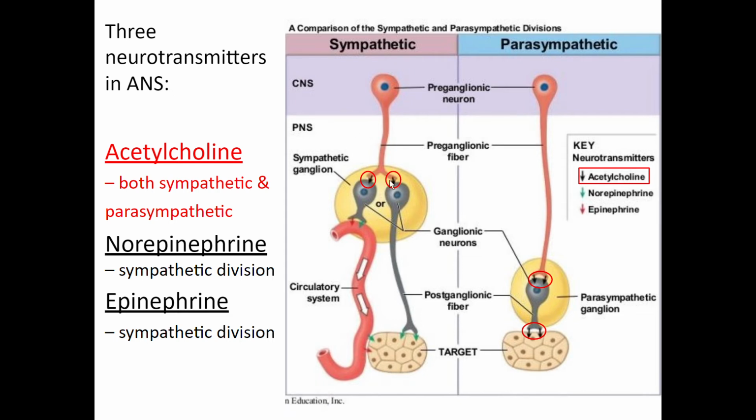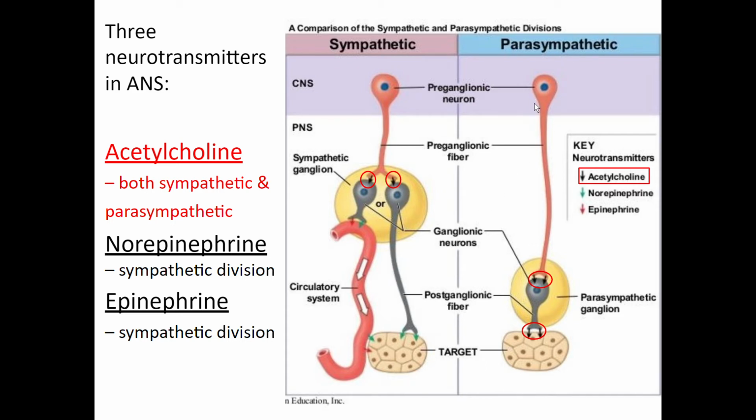How does this preganglionic neuron activate these gray postganglionic neurons? Well, it uses acetylcholine right there. So acetylcholine would be released by vesicles at the synaptic cleft, there and there, which would then trigger sodium channels in the postganglionic neuron to open up, which then starts an action potential in the postganglionic neuron.